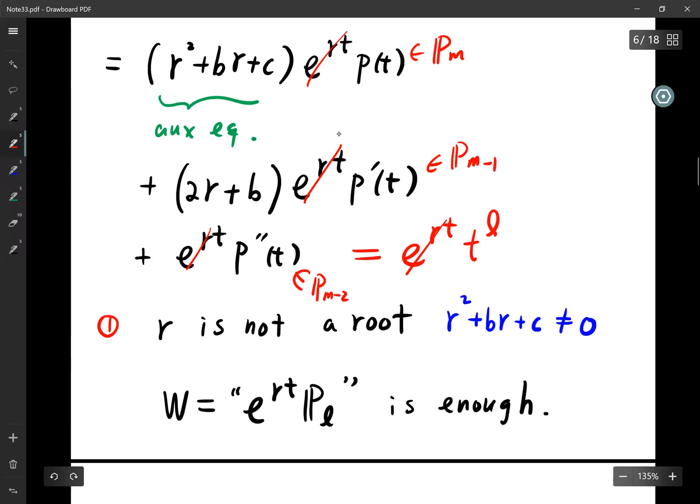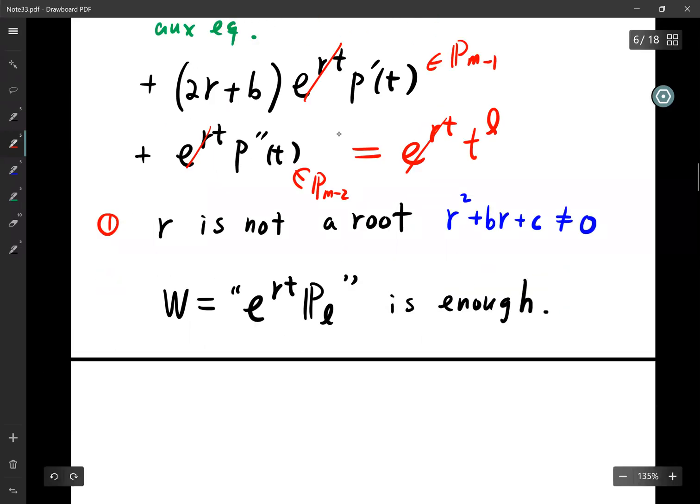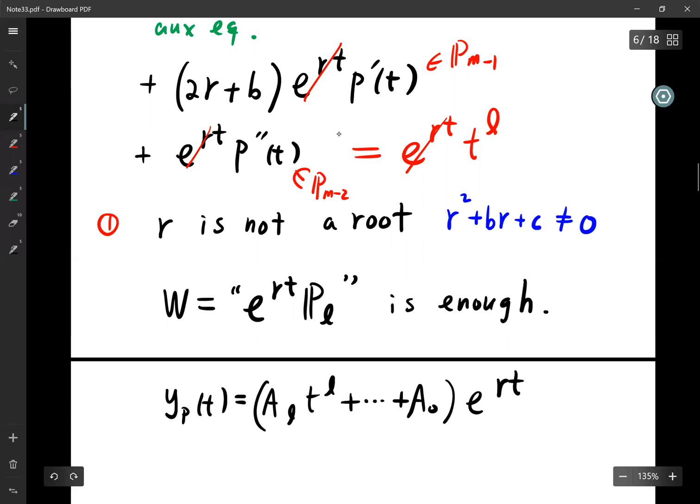So these are the low order terms, and I don't need to worry about those. The right-hand side is an L-th order polynomial, t to the L. So by setting m equal to L, I'm guaranteed to solve this equation. So this is enough. So I have y_p(t) equal to (a_L t^L + ... + a_0) e^{rt}. Any question?